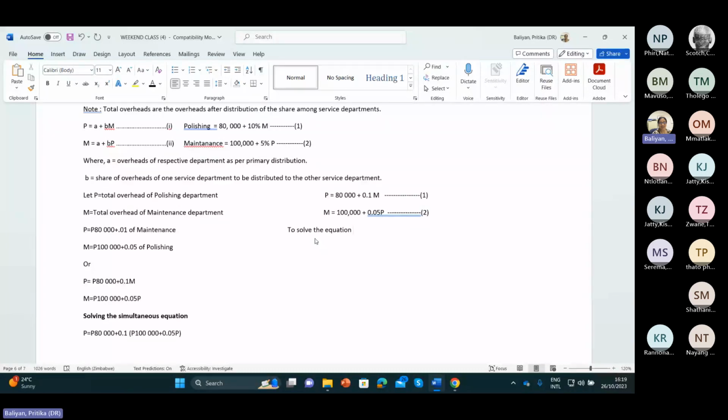We will put the value of M in equation 1.